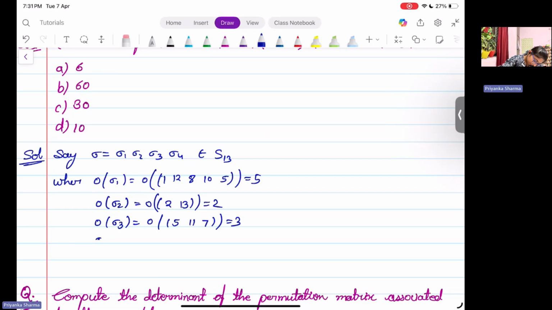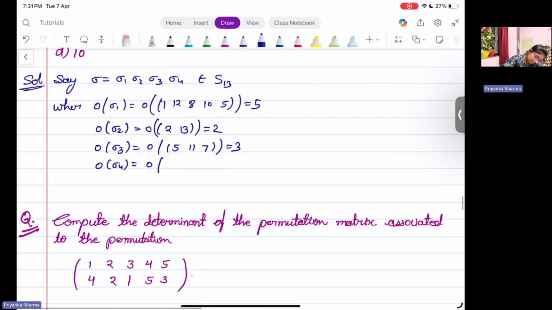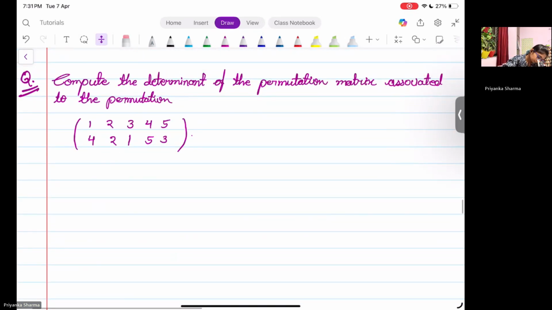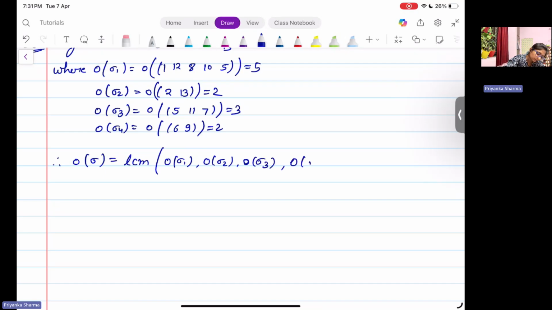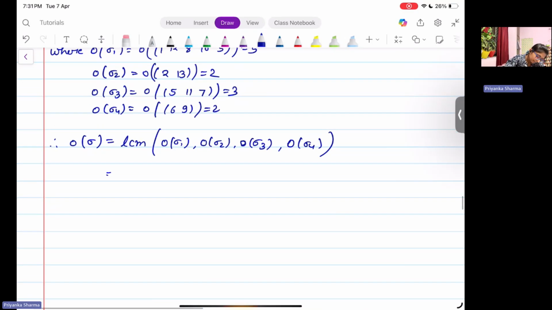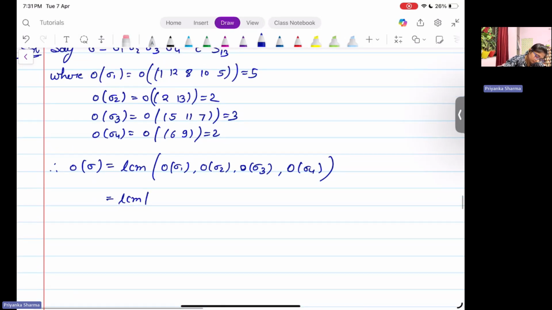Order of sigma 4, that is the order of 6, 9. That is 2. Therefore, what is the order of sigma? The order of sigma is the LCM of the order of sigma 1, order of sigma 2, order of sigma 3, and order of sigma 4. That is the LCM of 5, 2, 3, and 2.